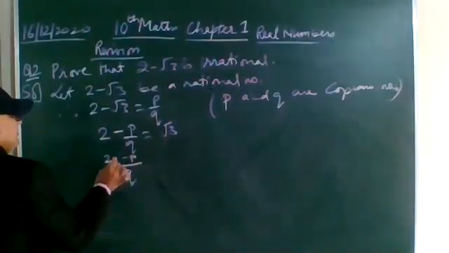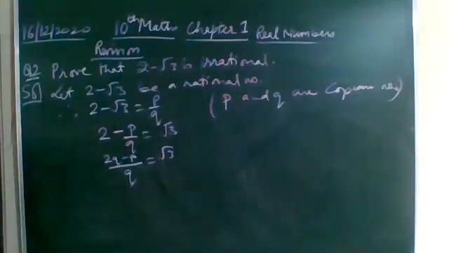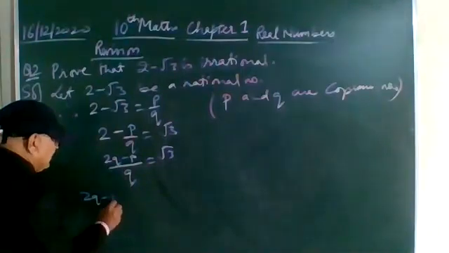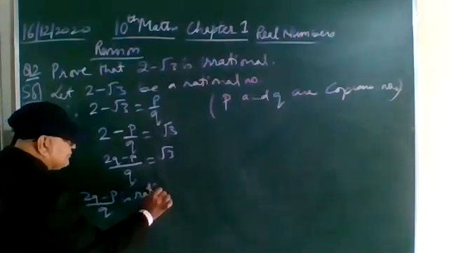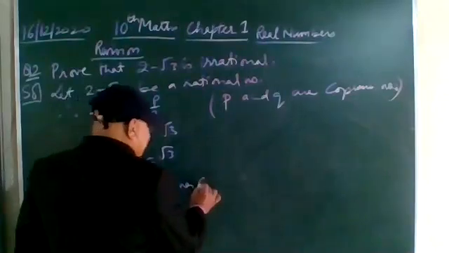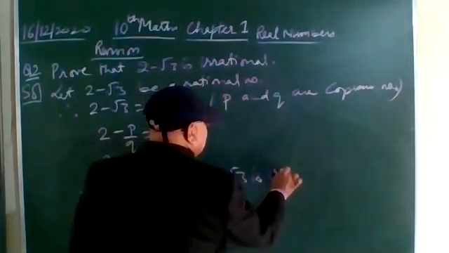2Q minus P upon Q is root 3. So now what will you say? 2Q minus P upon Q is a rational number and root 3 is irrational.